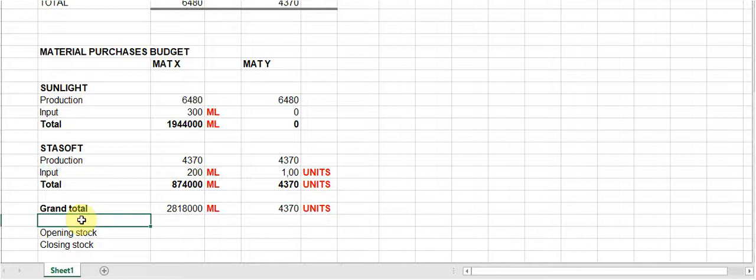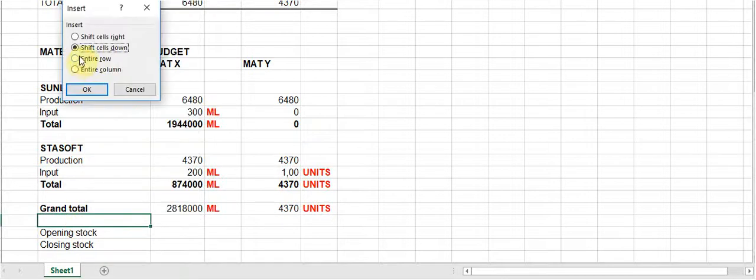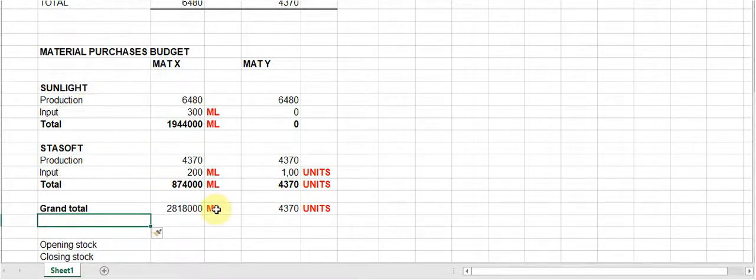I'm just going to add another line item here, which I am going to call conversion, convert to total. And now we need to convert the milliliters to liters. And of course, how many milliliters do we find in a liter?